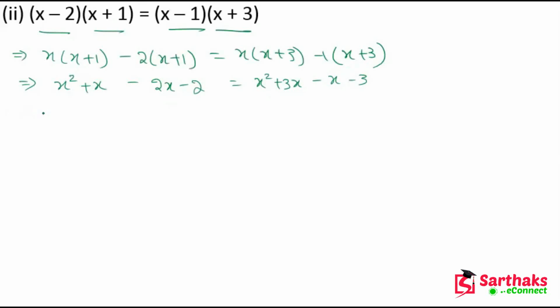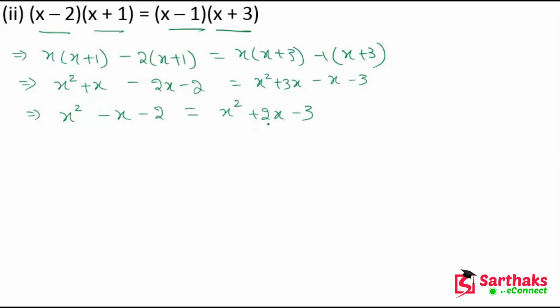So now this is x square, and if you solve it, this will become minus x minus 2, which is equal to x square plus 2x minus 3.